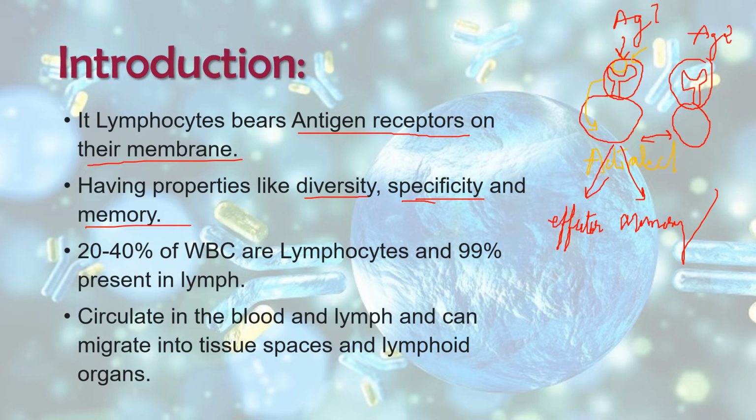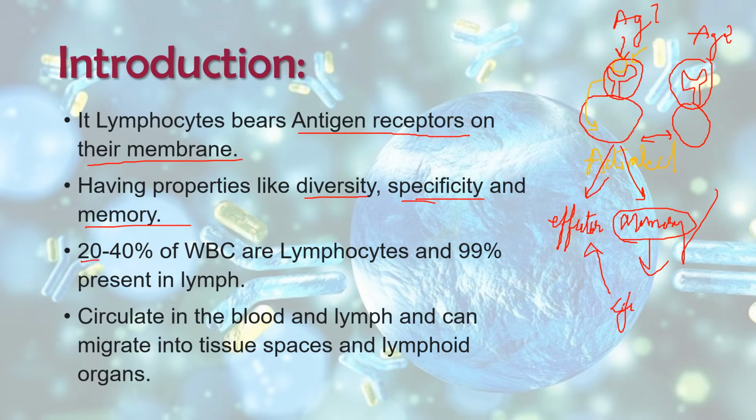The memory cell has a long lifespan as compared to the effector cell, and provides a heightened and more rapid immune response if the same pathogen affects the body again.